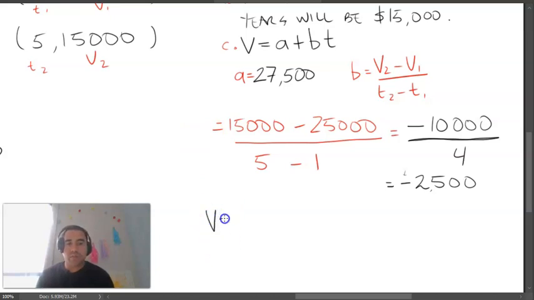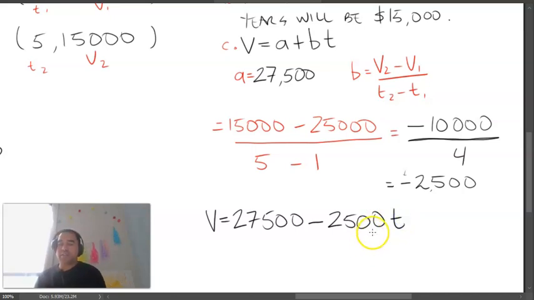So let's get it in the form of V is equal to, we know what our A is, 27500. Because it is a negative slope, we're going to take away 2500 and multiply it by our time frame in years.